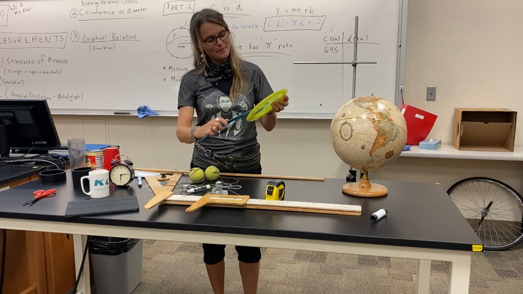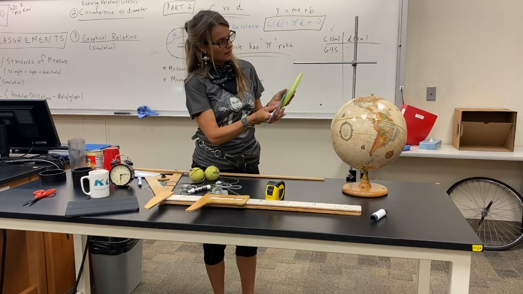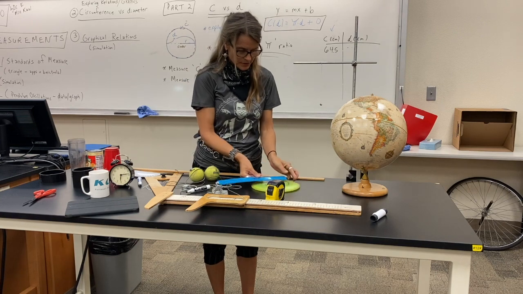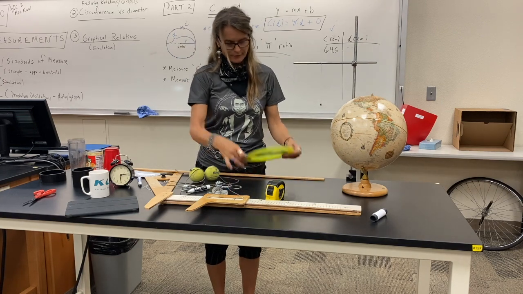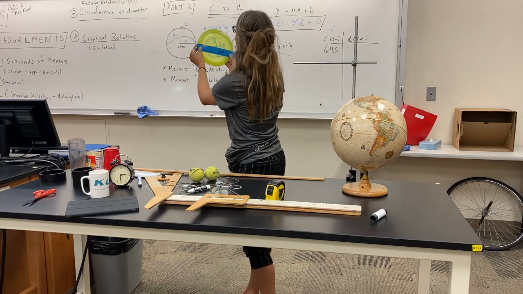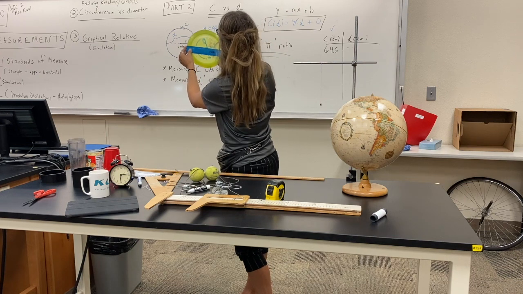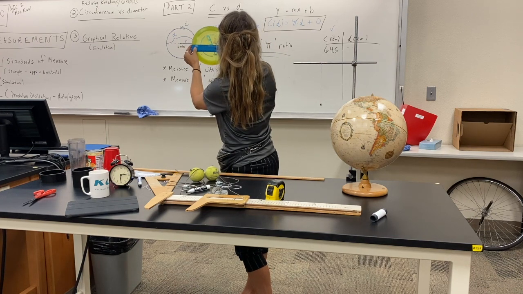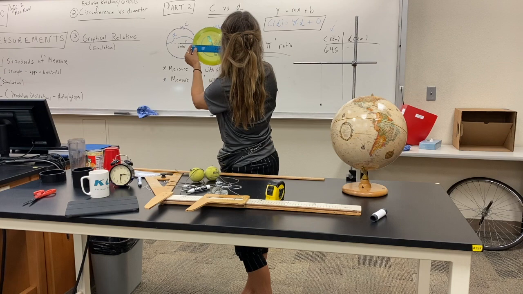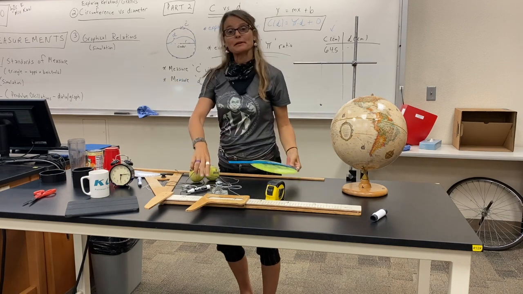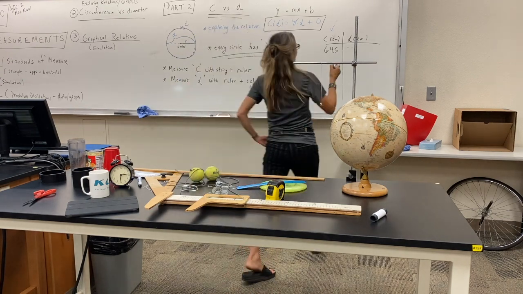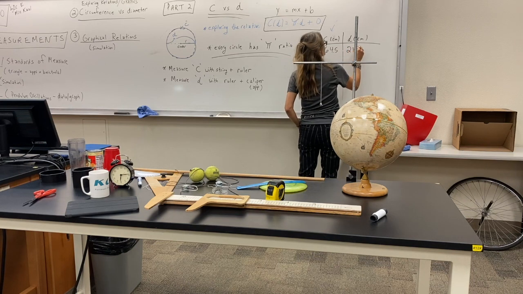And then for the diameter, you want to get your center found. Sometimes it's easier to mark a center, so I look at my diameter and I get like 21.5 centimeters here. Okay. That's with my ruler.